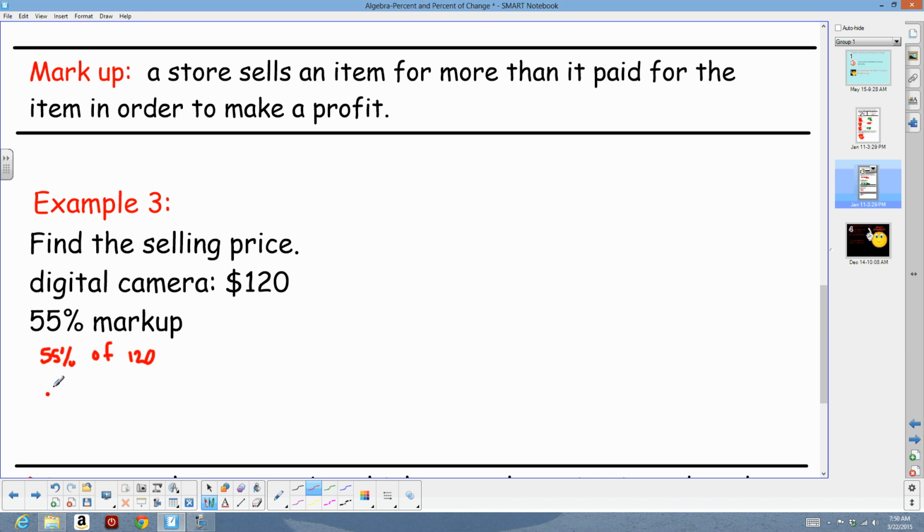55%, you could use the percent proportion method of figuring this out, but the quicker way is just to change that percent to a decimal. Of means to multiply. So 0.55 times 120, that's going to equal 66, which means they're going to mark up the price $66, which means we need to take the original price, which is 120, plus the $66 that they're going to mark it up, and that will give you the selling price of $186.